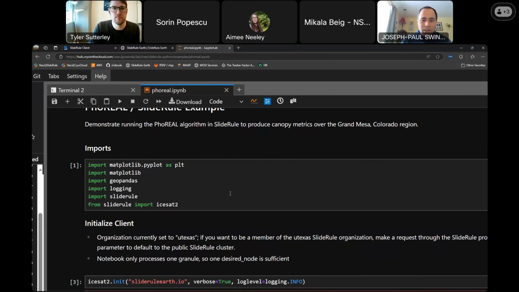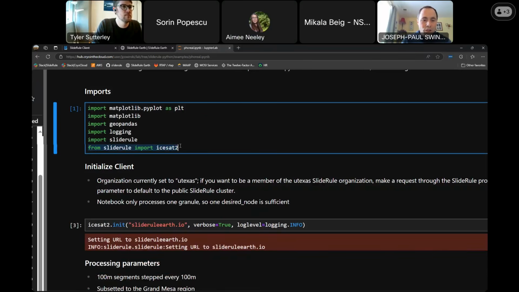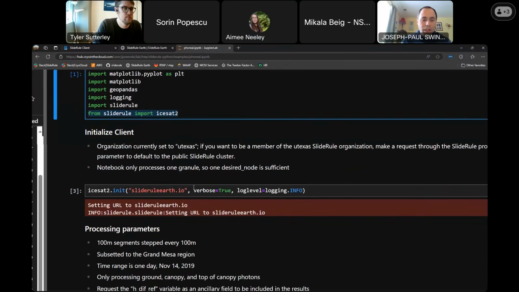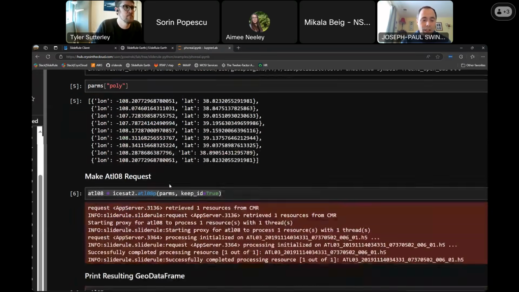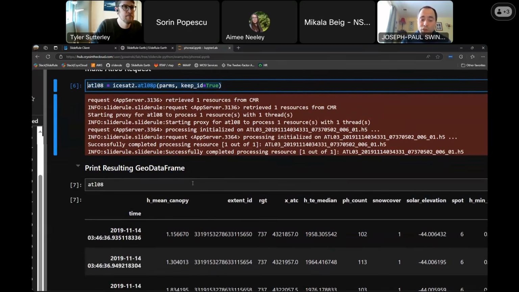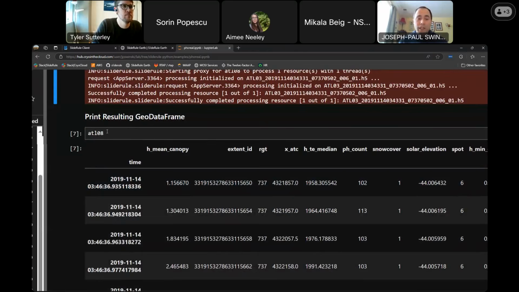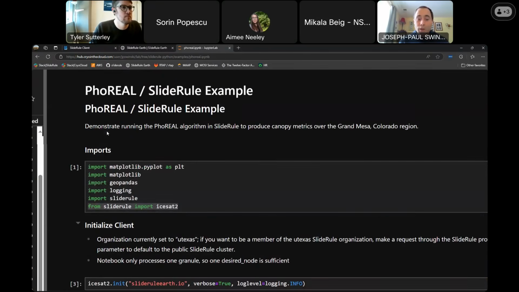This is the API, where you would import SlideRule in your notebook and initialize it. You set some parameters yourself in a dictionary, and then you'd make a call to one of the APIs. And then we would return a data frame back that would look like this. So that's how it's been. That's going to continue to be supported.